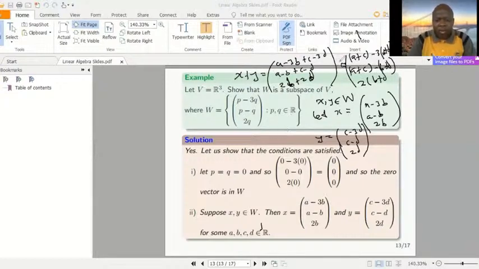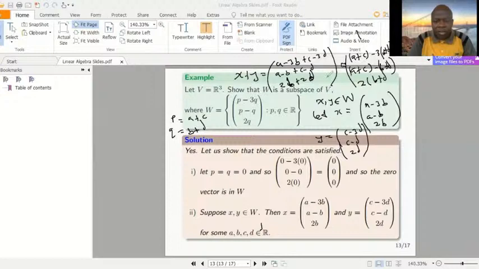So what you notice is that this new vector is in the format that we want. In this case, my p is just a plus c, and my q is just b plus d.